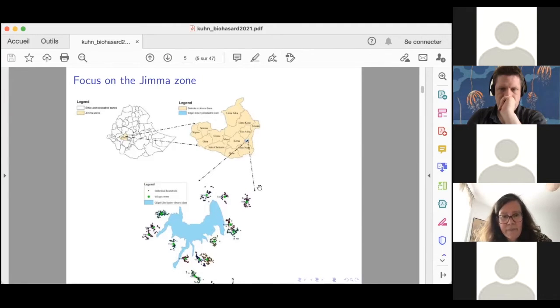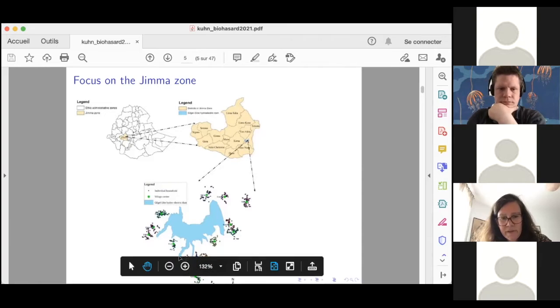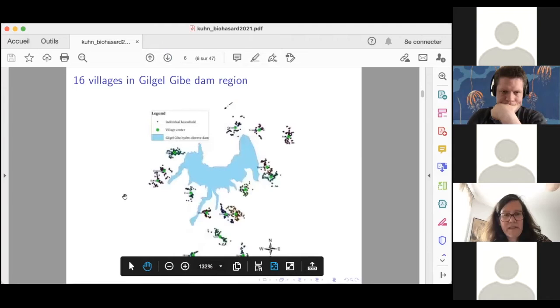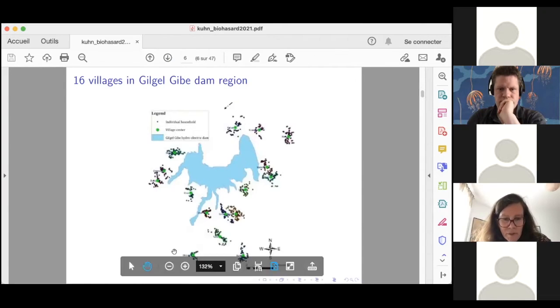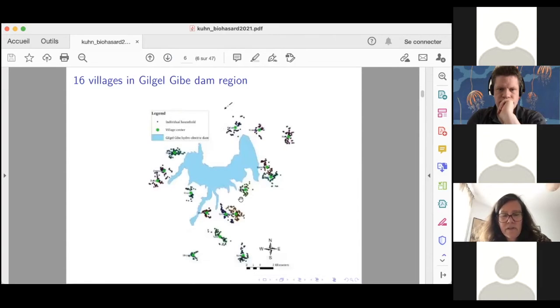Around the dam, there are 16 villages, represented by the green points, so you have 16 green points all around the dam. The individual households are represented by black points.